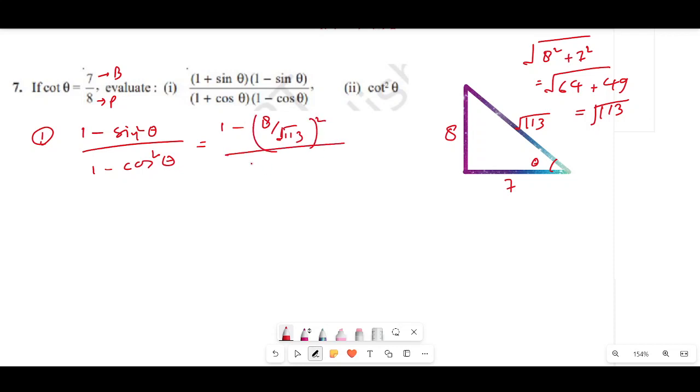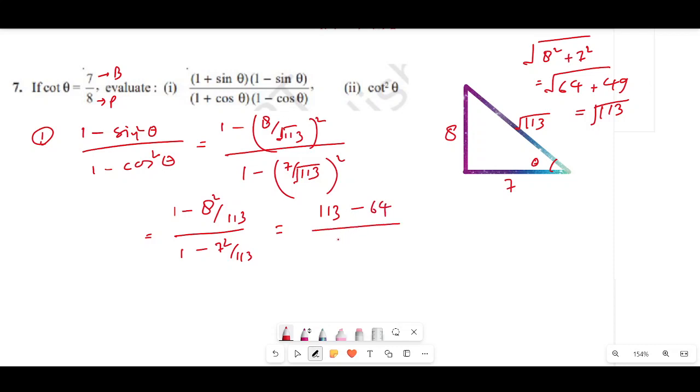Now this will be base 7 by root 113. Now it will be 1 minus 8 square by 113, 1 minus 7 square by 113. That means 113 minus 8 8s 64 upon 113 minus 7 7s 49.